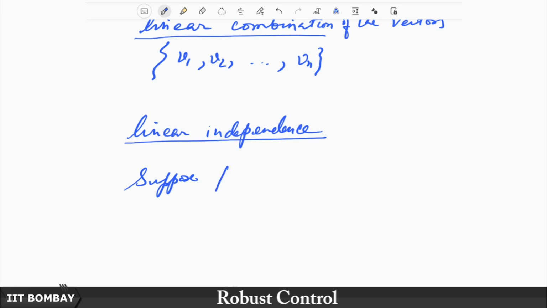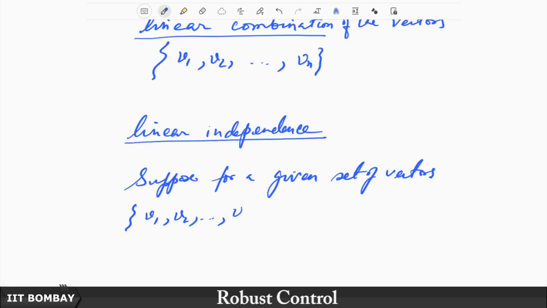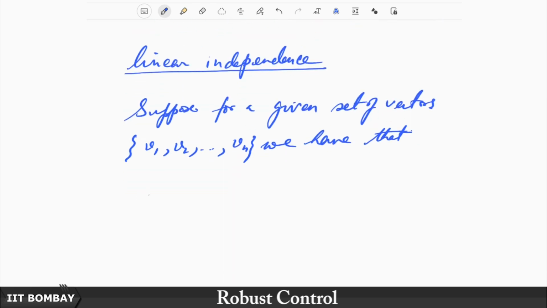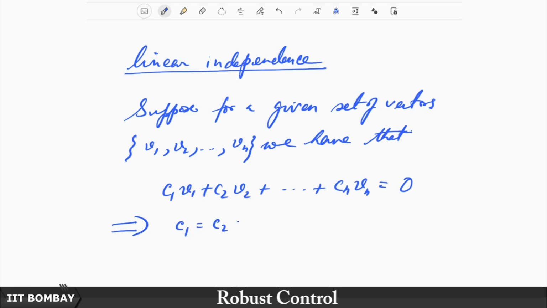Suppose for a given set of vectors v1, v2 till vn, we have that c1 v1 plus c2 v2 plus dot dot dot till cn vn is equal to 0 implies c1 is equal to c2 is equal to c3 is equal to so on and so forth till cn is equal to 0.